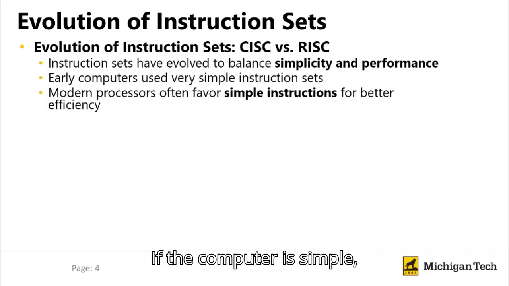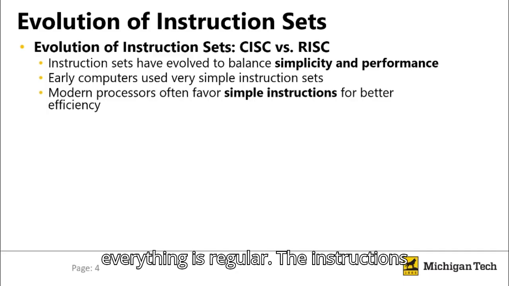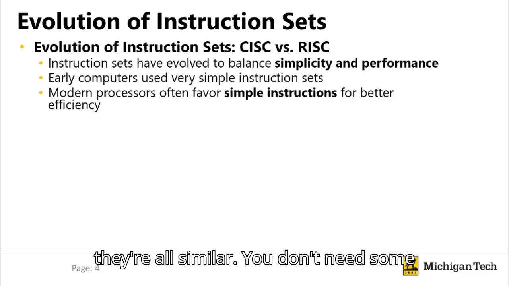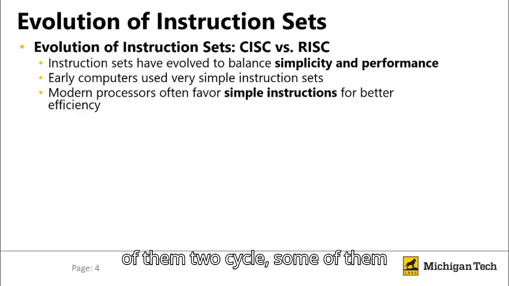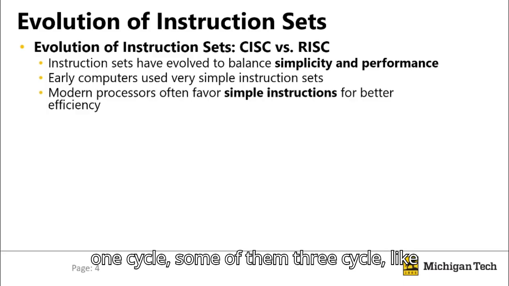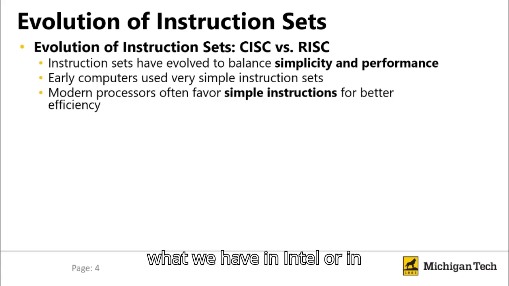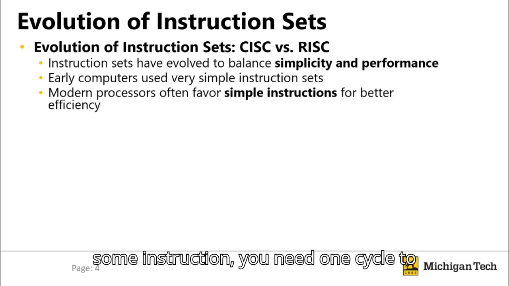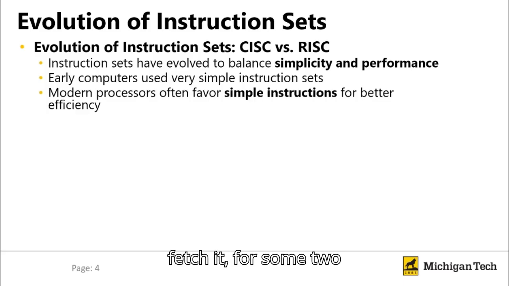If the computer is simple, everything is regular. The instructions are regular, and when you want to fetch them, they are all similar. You don't need some of them taking 2 cycles, some 1 cycle, some 3 cycles, like what we have in Intel or in AMD, because in AMD instructions have different sizes. For some instructions you need 1 cycle to fetch, for some 2 cycles or more.